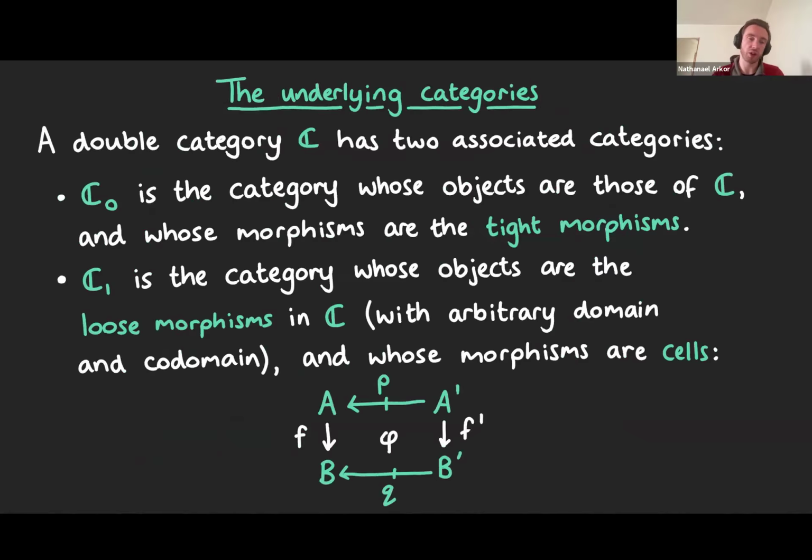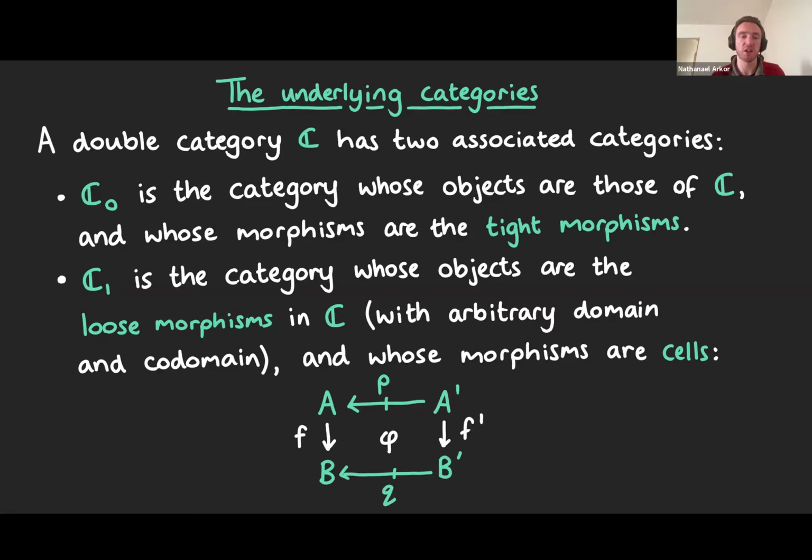Right, I wanted to mention one thing before giving you a couple of examples. Given any double category C, we can define two ordinary categories from it. There's one more obvious category, which I'll call C naught, whose objects are the objects of the double category and whose morphisms are the tight morphisms, so the strictly associative and unital morphisms. But then we have another category, C1, whose objects are arbitrary loose morphisms in C, so you can have any domain and codomain.